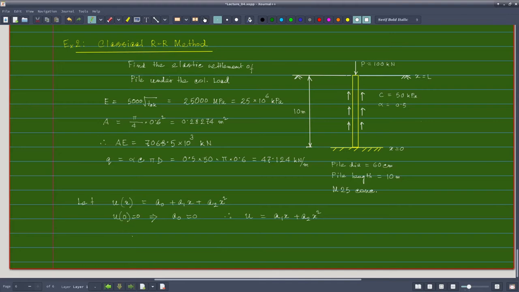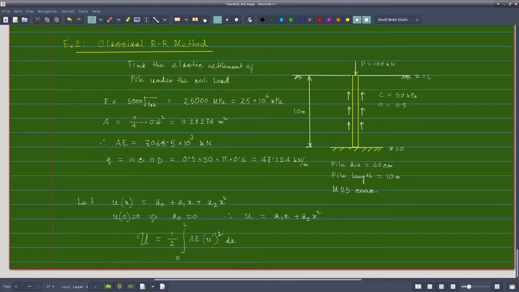Now we know in Rayleigh-Ritz method what I will have to do. I will have to find out the total potential energy, and total potential energy will be given by strain energy minus the work potential. So now my strain energy for axial deformation is given by half of integral zero to L of AE times u dashed square dx.